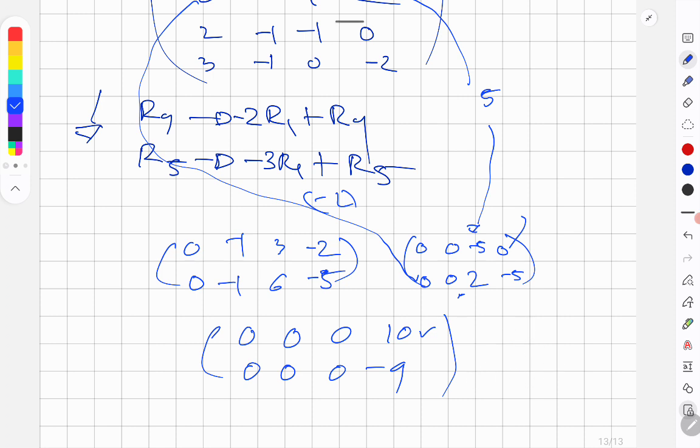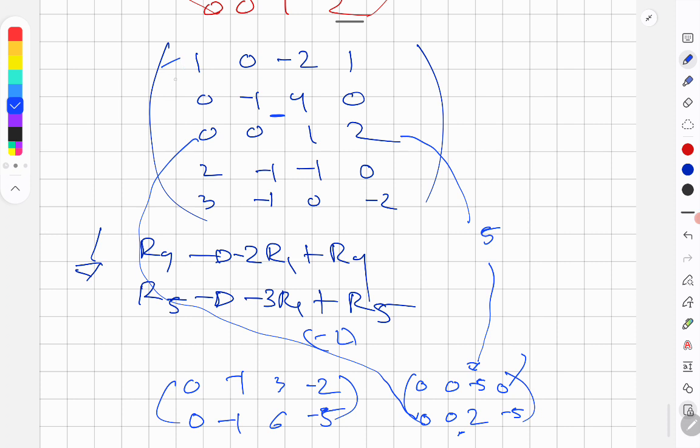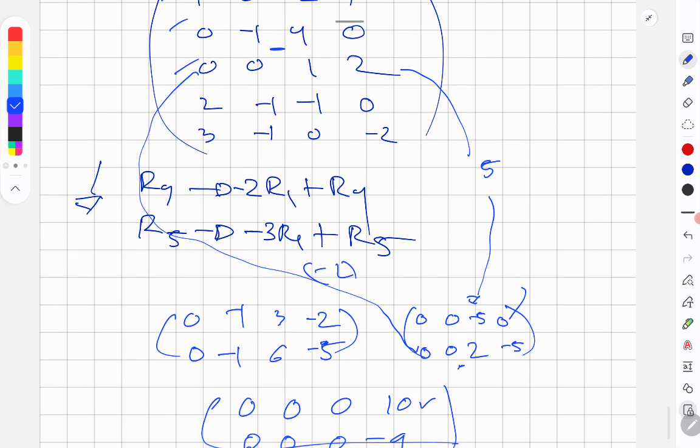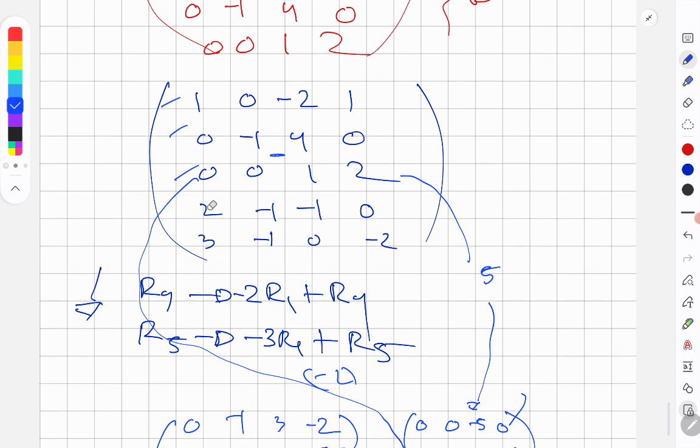So you can eliminate this one. Now you are just remaining with 1, 2, 3 and this one. So I can remove these two lines and just write 0, 0, 0, 10.